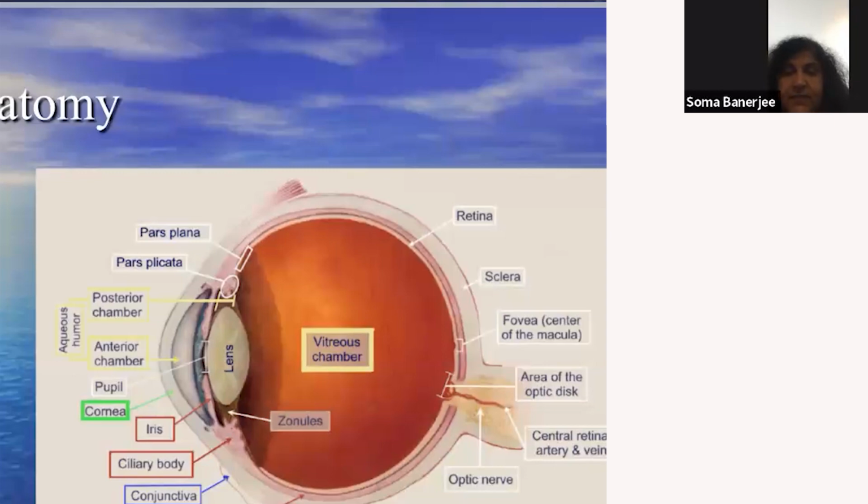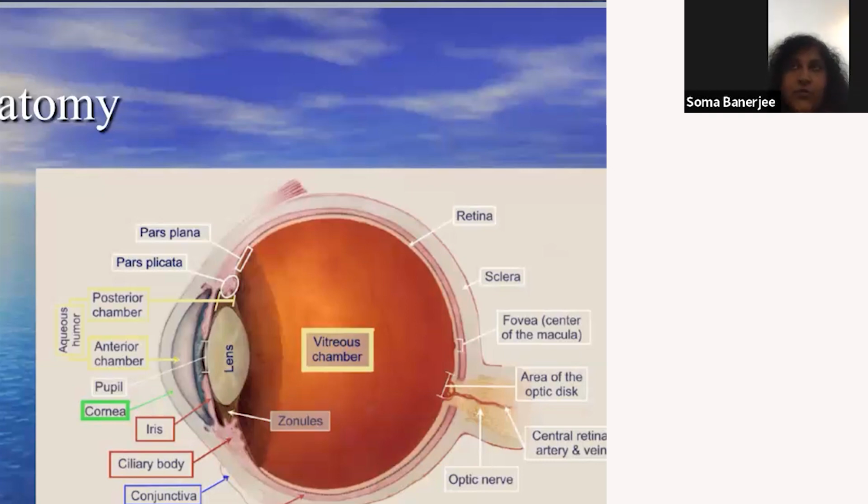The retina is specialized at the center of the fovea, which is the center of the macula. The optic nerve comes in slightly nasal, and from the ganglion cell layer it takes the nerves up towards the brain. Underneath the retina, you have the retinal pigment epithelium and choroid. The vasculature of the eye comes in through the neurovascular bundle from the optic nerve, and the retinal arteries split into 4 quadrants.